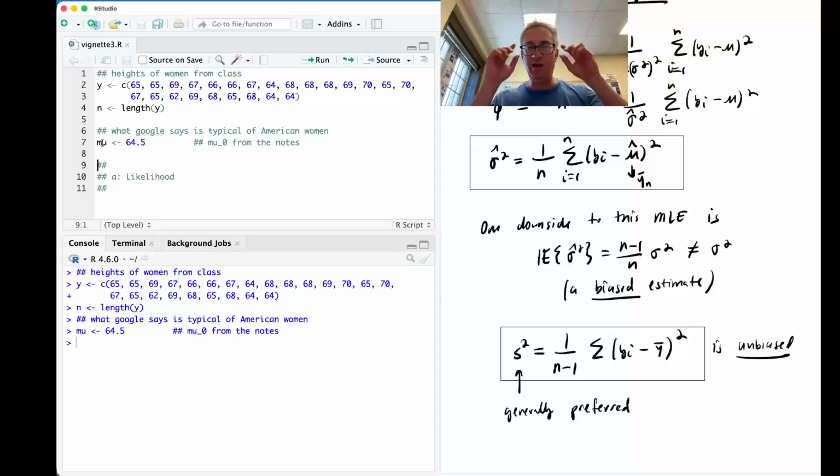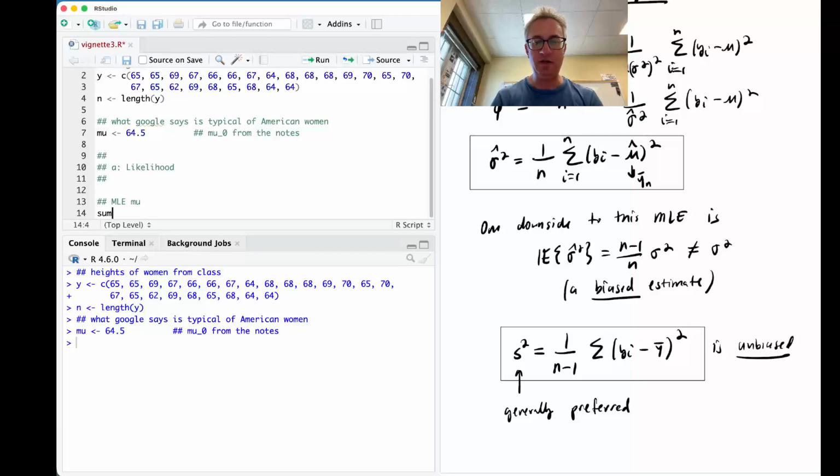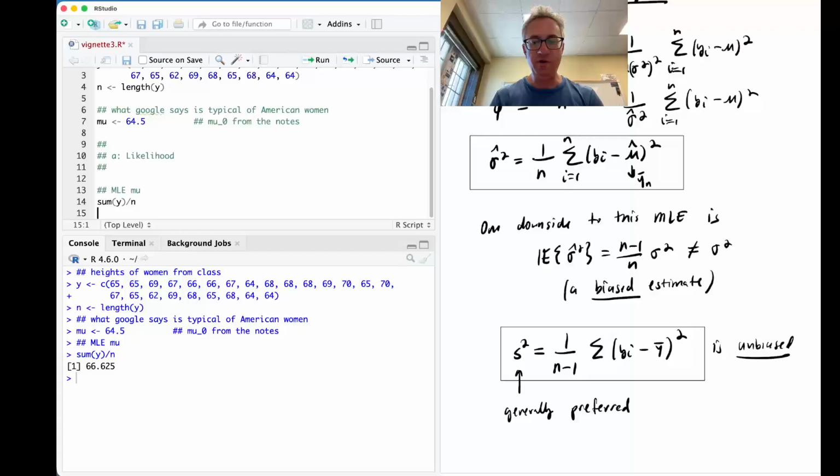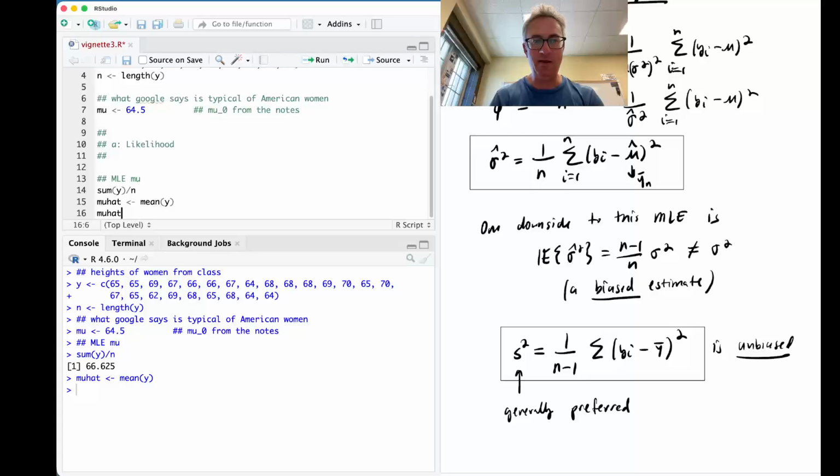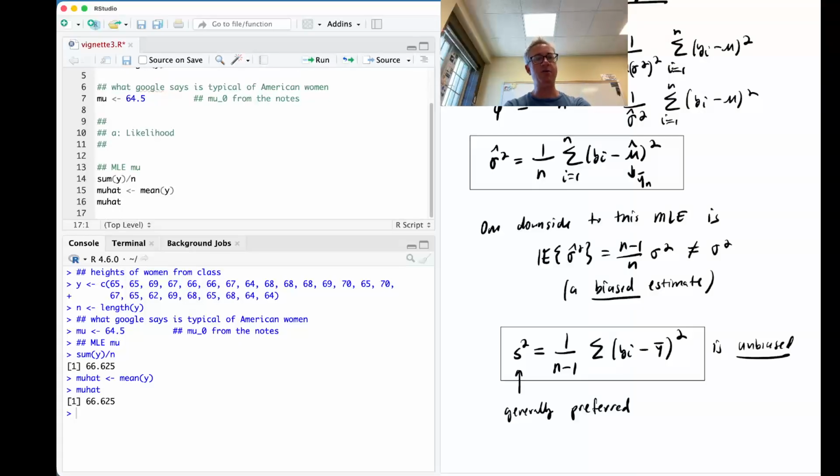We don't need this for the likelihood section, but we're going to use it later when we go to inference in the next vignette for this chapter. Right now we just have our estimate, so the MLE for mu, that's going to be the sum of the y values divided by n, which we know is the same thing as the mean of y. So mu hat is the same value.